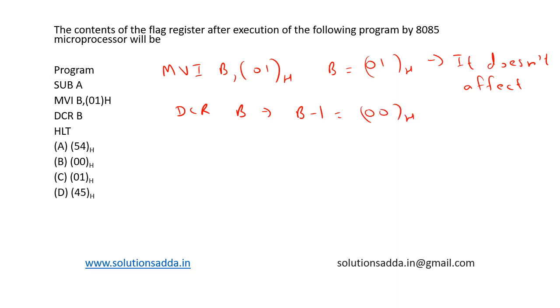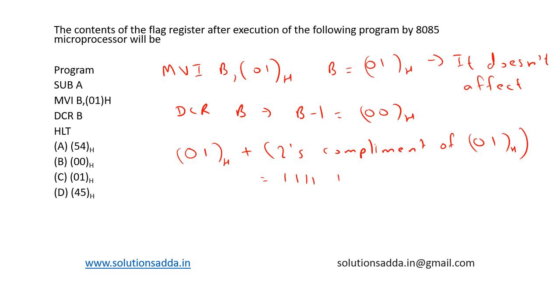So how to perform this decrement? We perform addition of 2's complement to perform the decrement operation. So 01H plus 2's complement of 01H to perform the decrement operation. 2's complement of 01H is equal to FF in hexadecimal form.